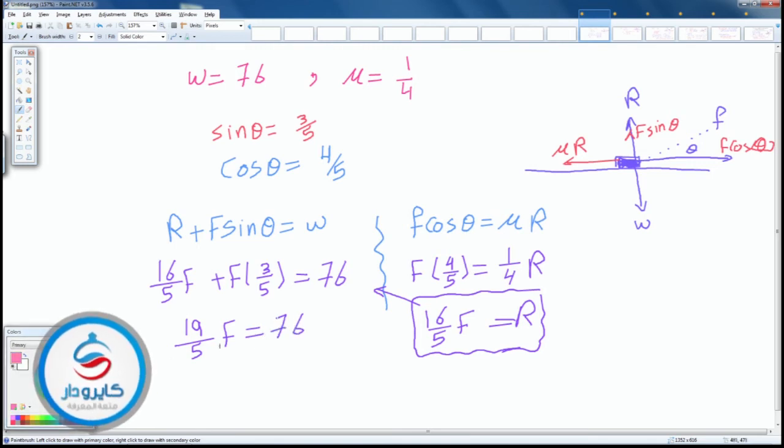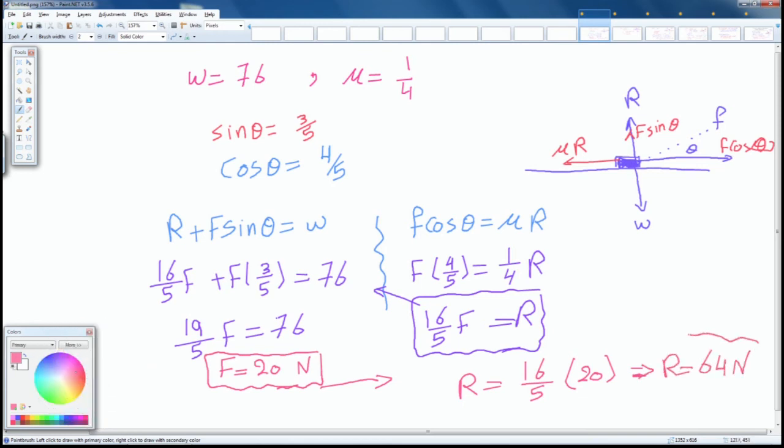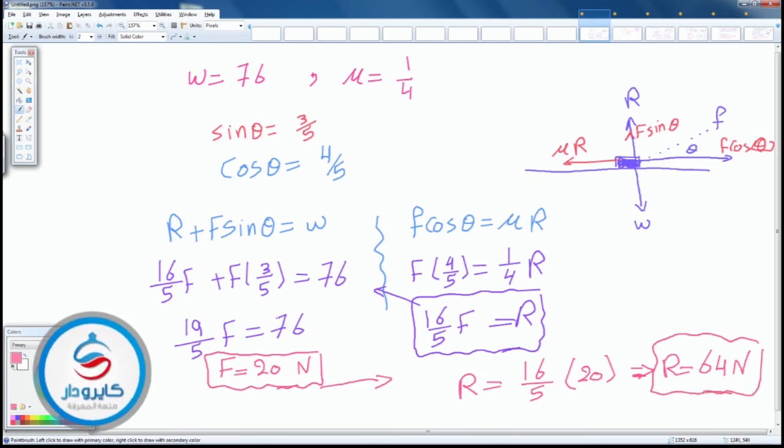That means by solving this equation, F will be 20 newtons, and we get the real value of F. So we return back again to get the value of R. R will be 16/5 times 20. That means R equals 64 newtons. And now we get both requirements of the problem.